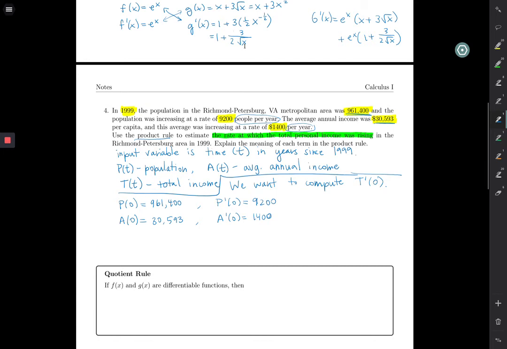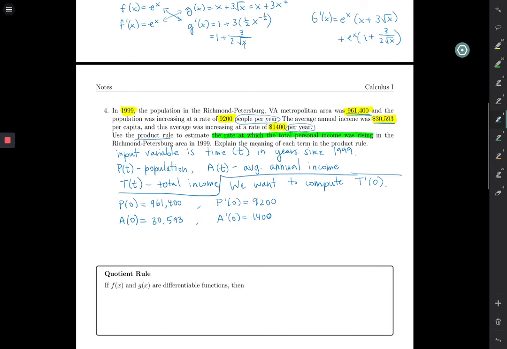Okay, so see that we have these pieces that look like what we need to find the derivative using the power rule, right? And that's exactly what we have. So T prime, I guess it's important to note, so the total income, I'm insinuating that this total income is equal to the population times the average income, right?